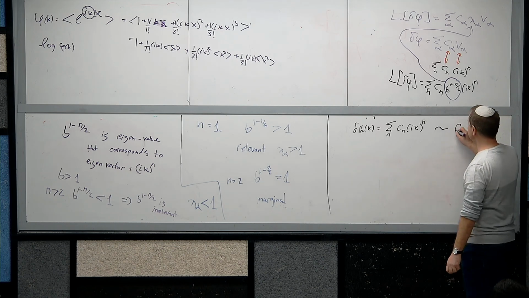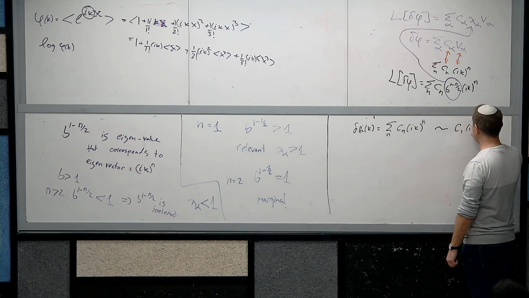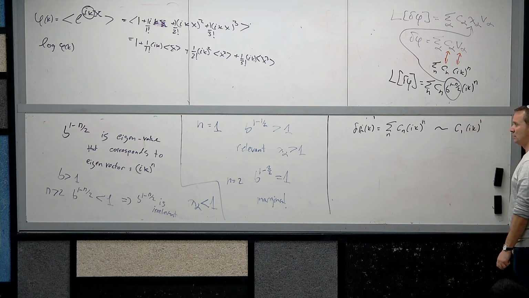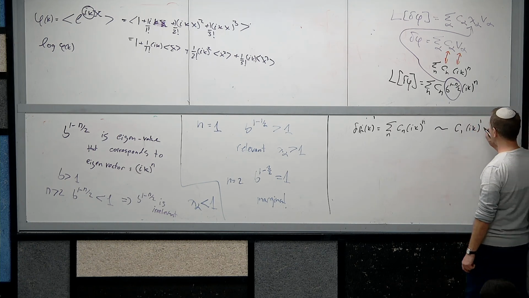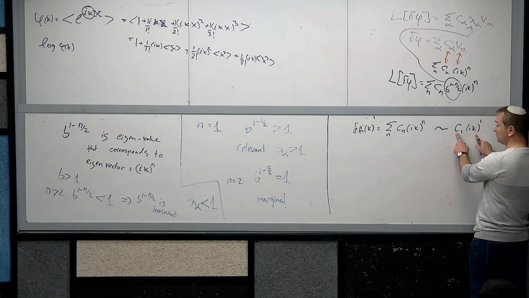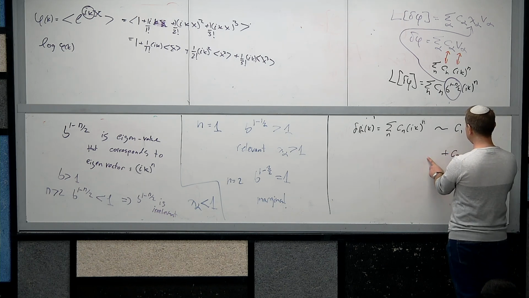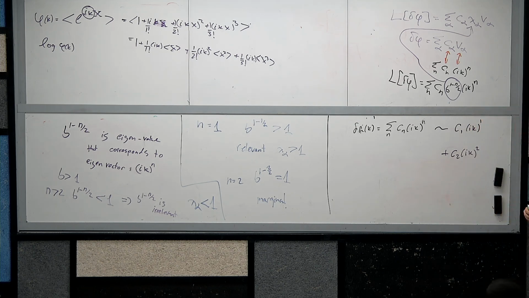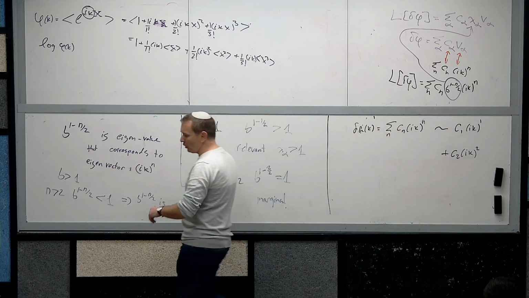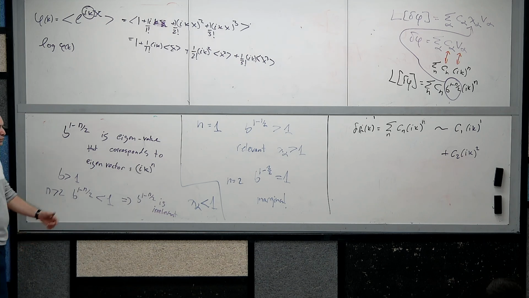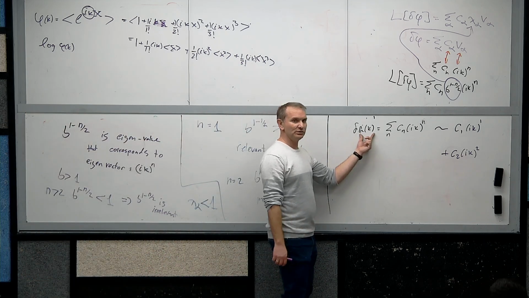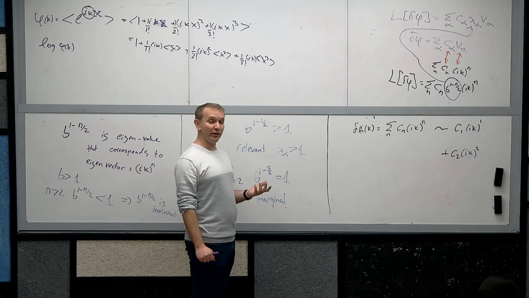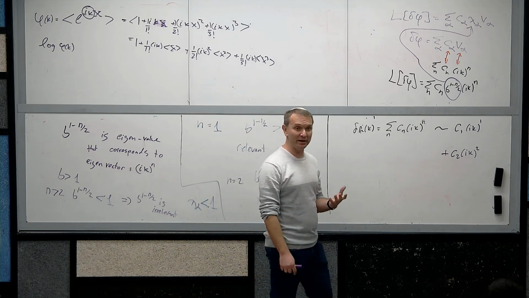So we have C1 i k to the power 1, and this is the important part, plus C2 i k to the power of 2. This is the only important part. Everything else is completely unimportant. Now, what are those C1 and C2 in the delta U k expansion? I need to find them somehow.